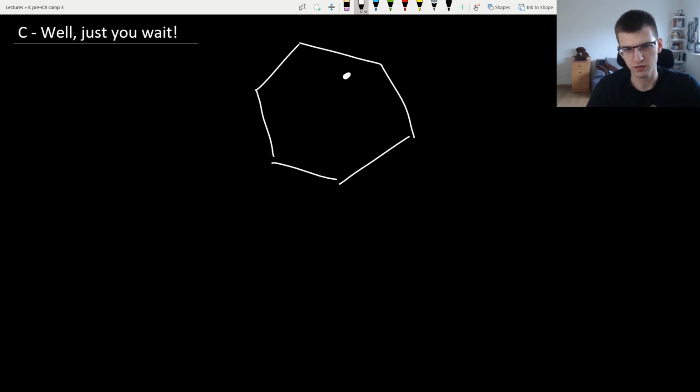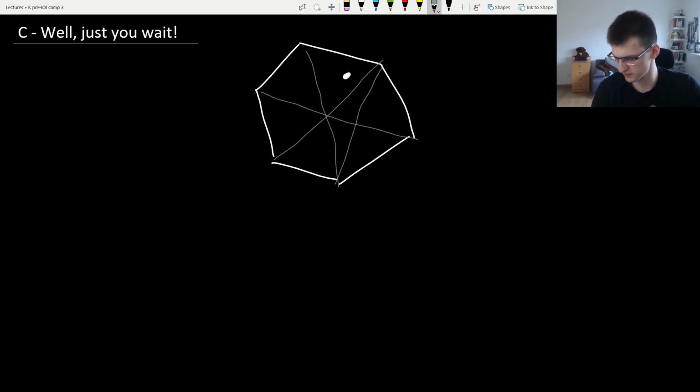If we draw, maybe I will do it with pencil. If we draw all the, how they're called, diagonals in the polygon, they will in some way limit our point.